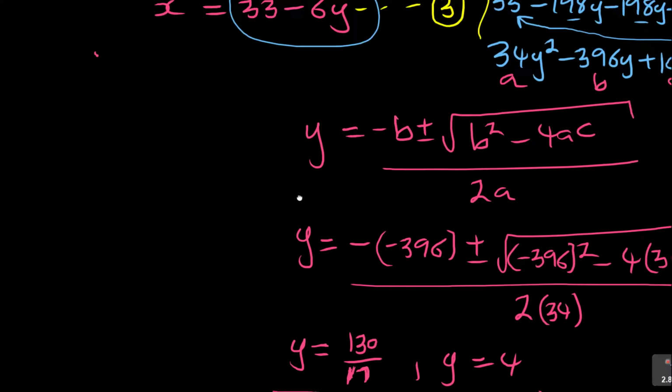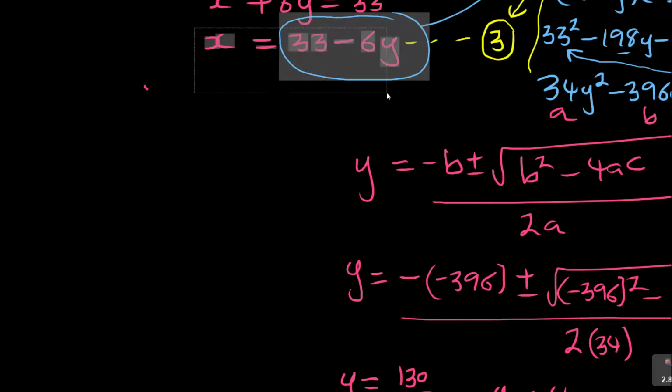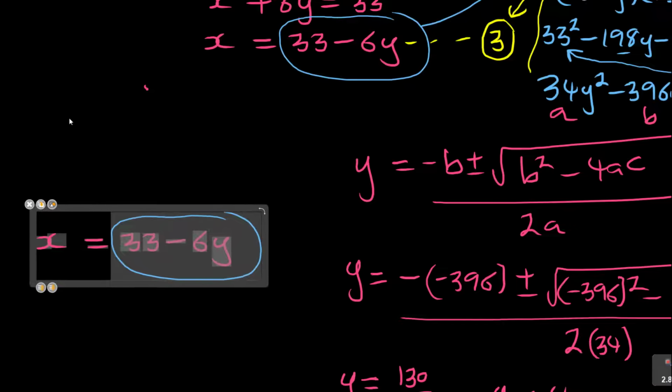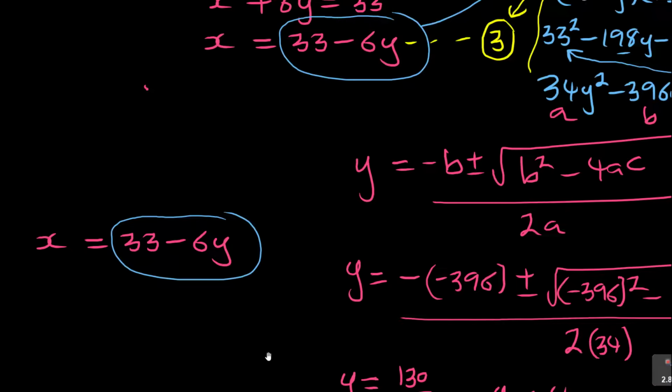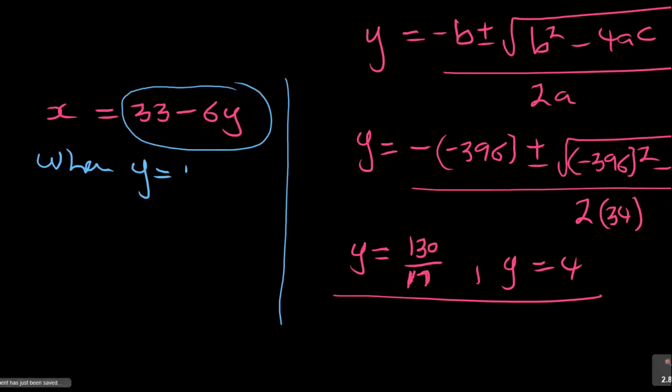Remember, I've got my x, so I can come here. Let me just do this. I can take this x value here, duplicate it. Remember, I still have my x. My x is that. So when y is equal to 130 over 17, what is x? x is equal to 33 minus 6 bracket, put the 6y, but the y is 130 over 17.